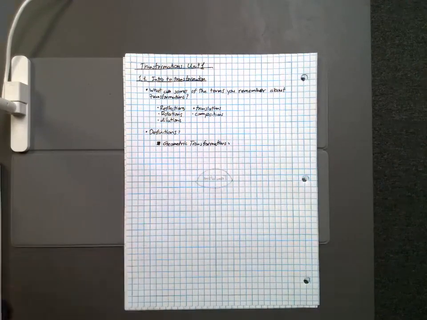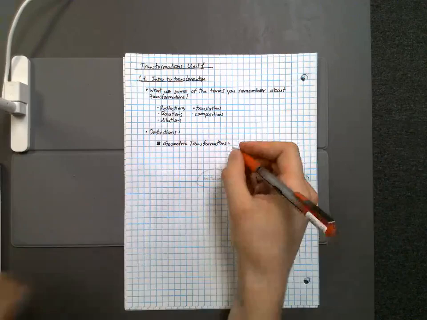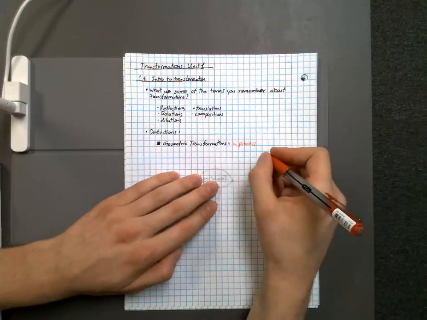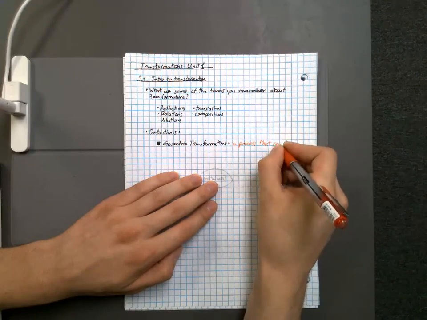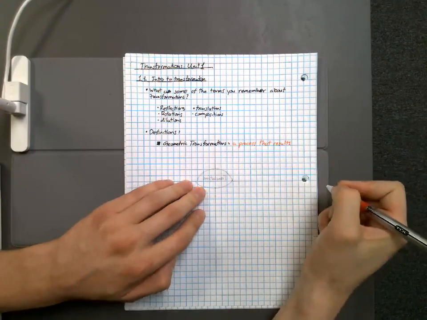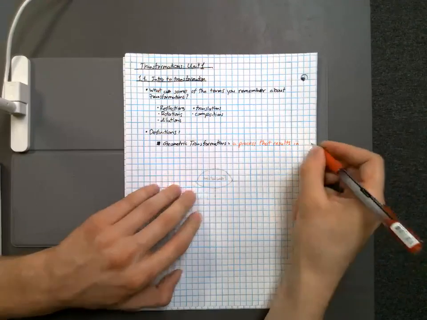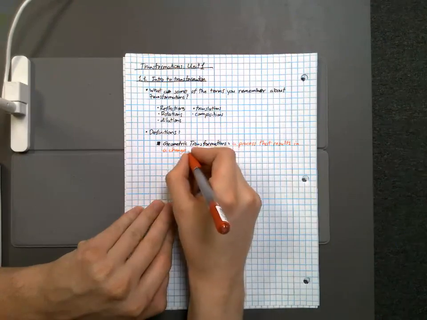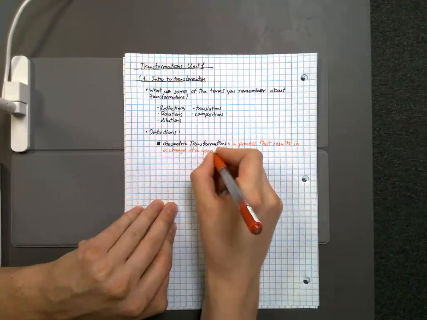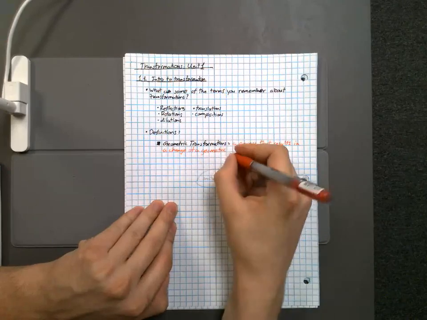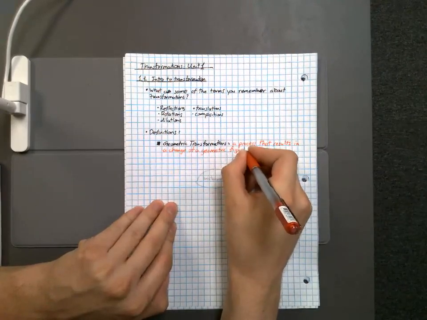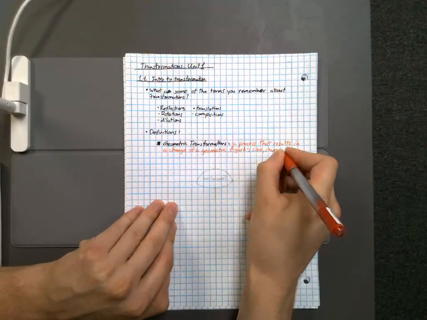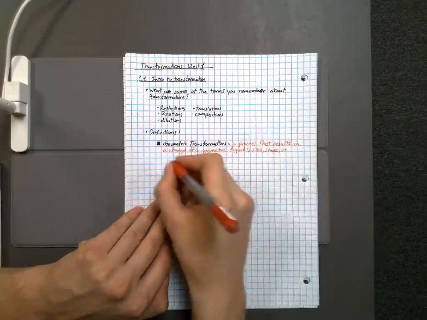And what that basically means is a process that results in a change of a geometric figure's size, shape, or position.